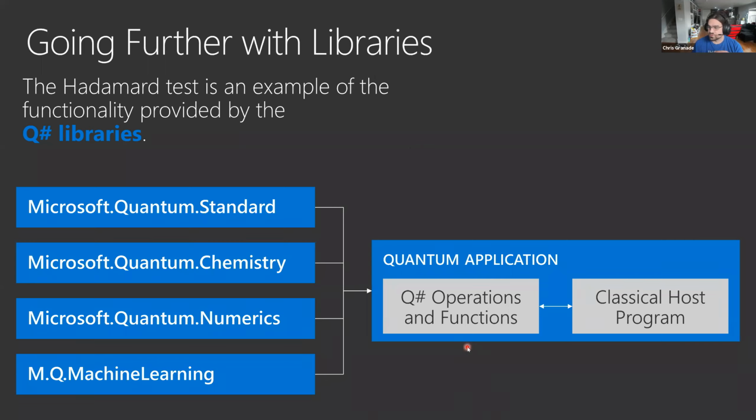As well as there are more domain-focused libraries such as chemistry and numerics, and as of last month, machine learning that provides the QCC classifier we've seen so far. And all of those are library functions and operations that you can use in your Q# programs to write out your own operations and functions.